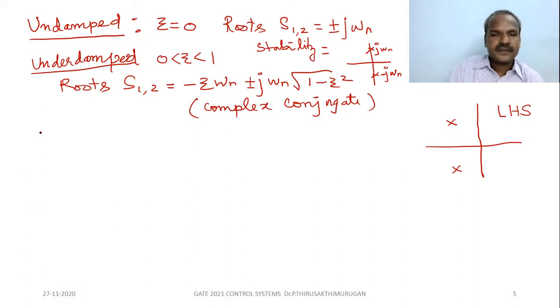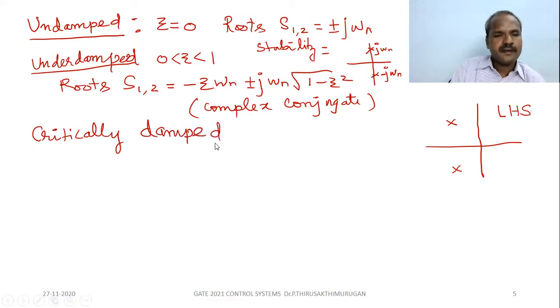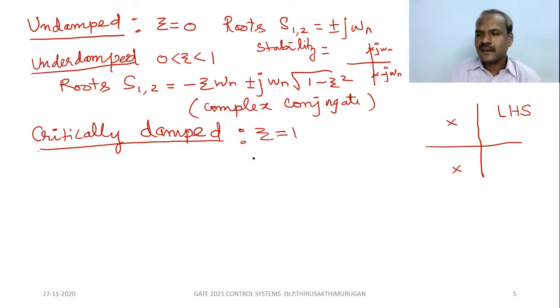Next is the critically damped system. What is critically damped? When zeta equal to 1, it is critically damped.